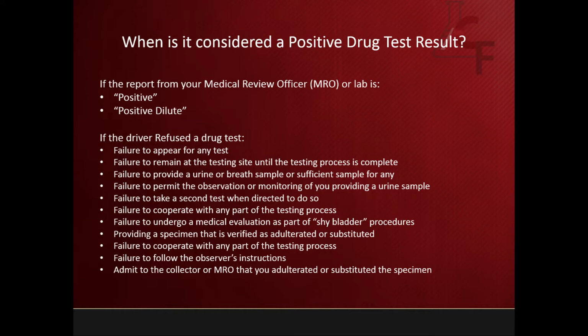And you can see this list here that includes failure to appear for any drug test, failure to remain at the testing site until the testing process is complete, failure to provide a urine or breath sample or a sufficient sample for any DOT drug test specifically, failure to permit the observation or monitoring of you providing a urine sample, failure to take a second test when directed to do so, failure to cooperate with any part of the testing process, and failure to undergo a medical evaluation as part of shy bladder procedures.